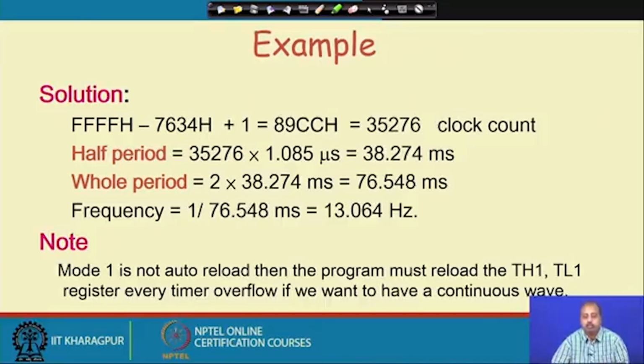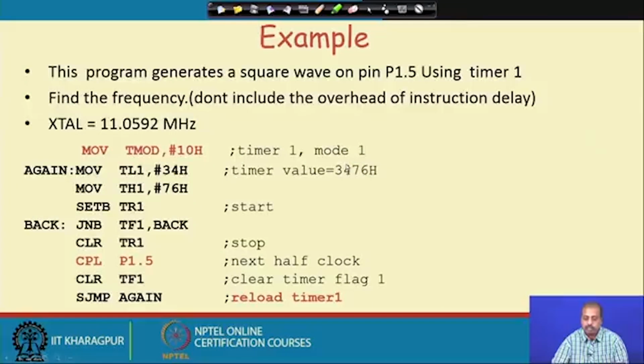However, if we are looking for auto reload mode, we have to use mode 2. In that case, this reloading, as we have done here after producing each output, will not be required. We will see that in the mode 2 discussion.